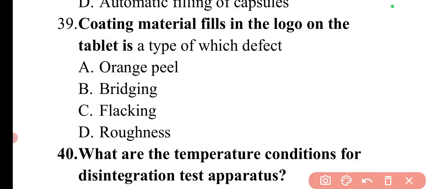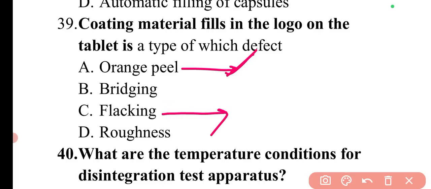There are several other coating defects also, like the orange peel effect. The tablet surface will appear like an orange peel, so that will be the orange peel effect defect. Then there is a flaking defect.